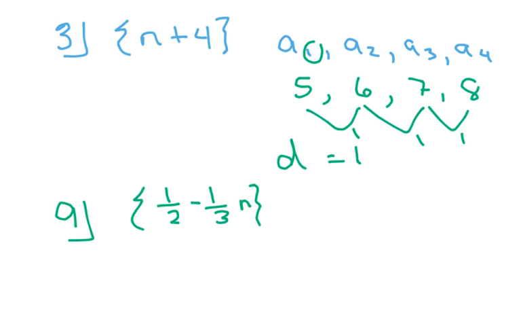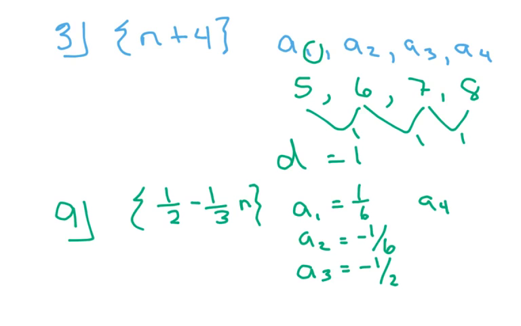I plug in 1, then I get 1/2 minus 1/3, and you can use a calculator, so a sub 1 equals 1/6. a sub 2 equals negative 1/6. a sub 3 equals, if I'm doing my math right, negative 1/2. And a sub 4 is negative 5/6.